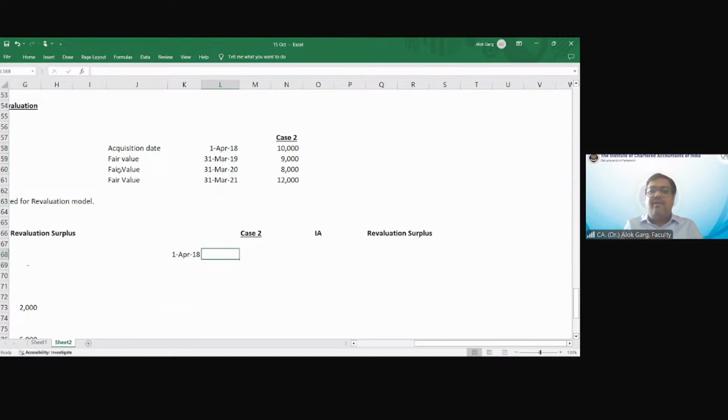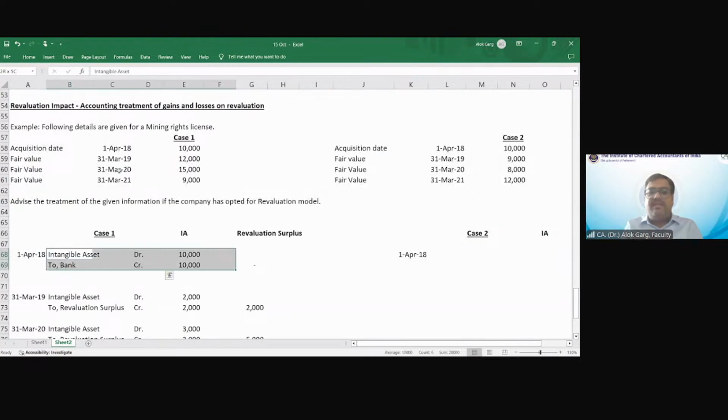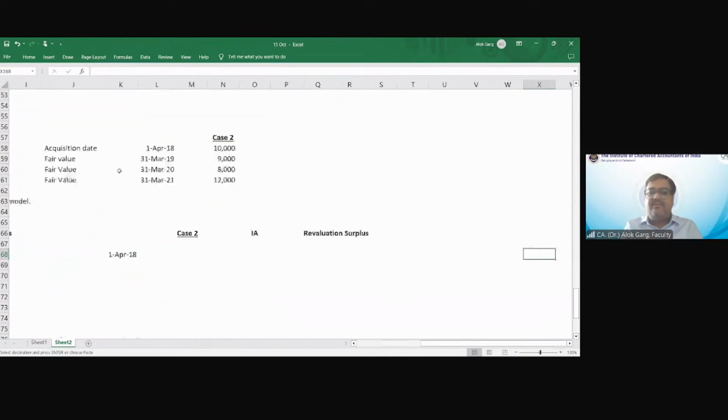What is the accounting entry on 1st April 18? Same accounting entry. Intangible asset account debit to bank. Correct? Accounting entry, intangible asset debit to bank, 10,000, 10,000.